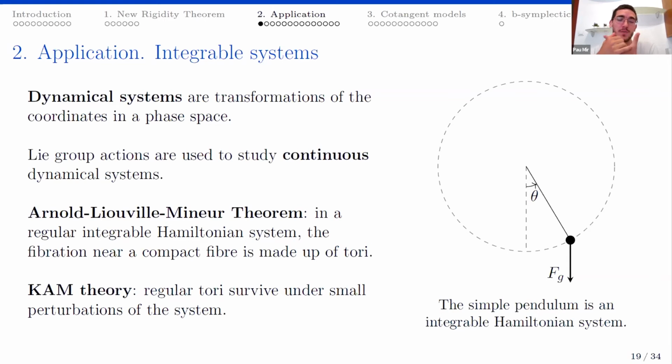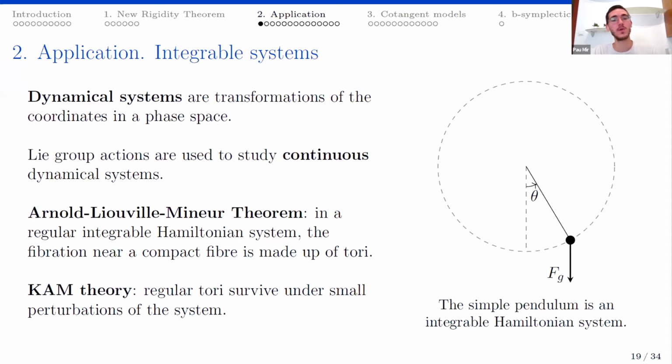They come normally from Lie group actions, because we normally study with tools of symplectic geometry continuous dynamical systems, not discrete dynamical systems. And there are really classical results which already say what the structure of an integrable system is at the regular points.